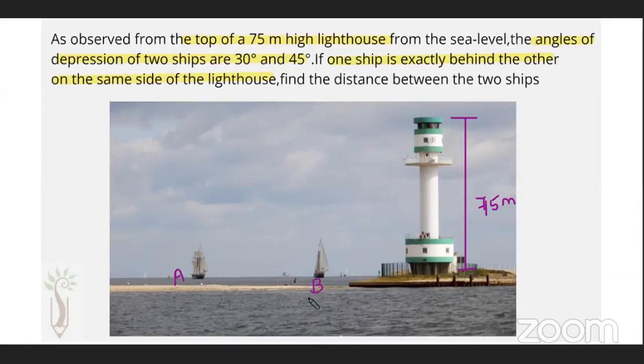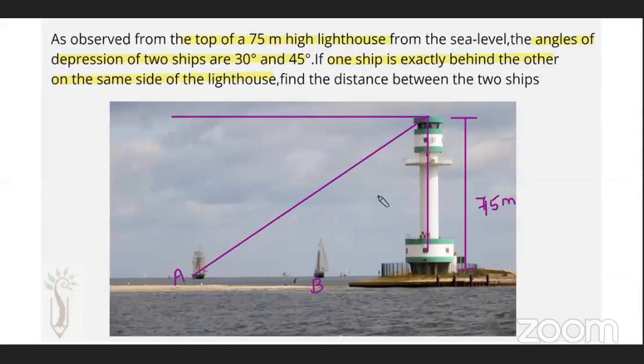Rajesh, the angle of depression for ship A, what should I take? 30 or 45? Ma'am, 45. Again, I'll come to the same question. Is A too far away from the lighthouse, or too close to the lighthouse?